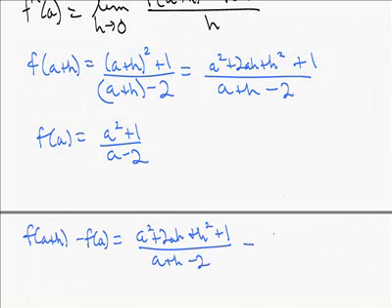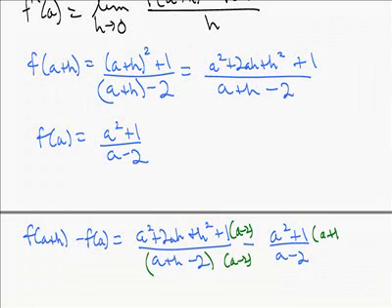And we're subtracting from that a squared plus 1 over a minus 2. Well, we're going to have to get a common denominator here. And so I think we're going to have to multiply top and bottom of this function by a minus 2 and a minus 2. And here we'll multiply by a plus h minus 2 and a plus h minus 2.